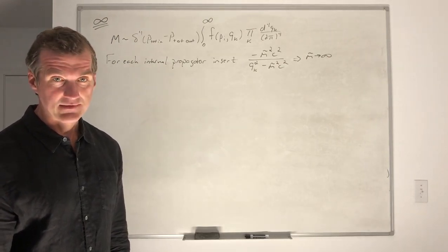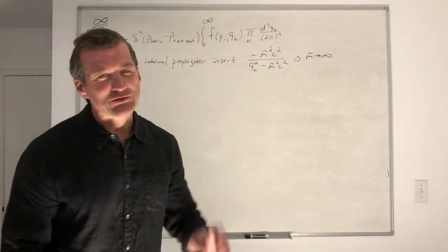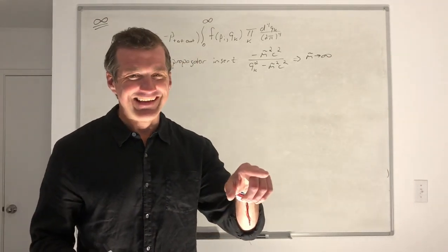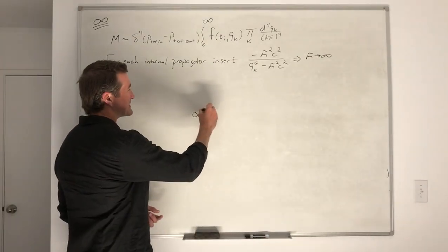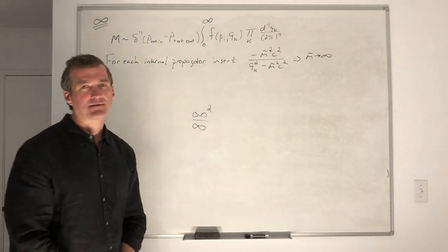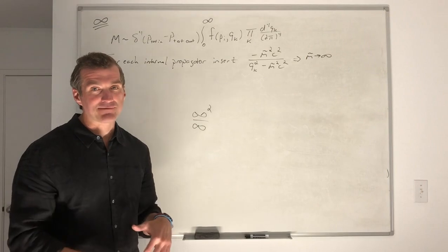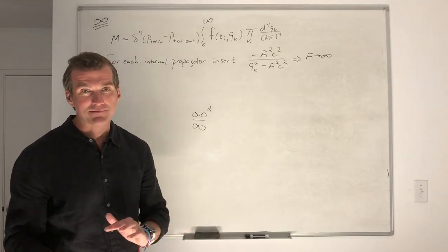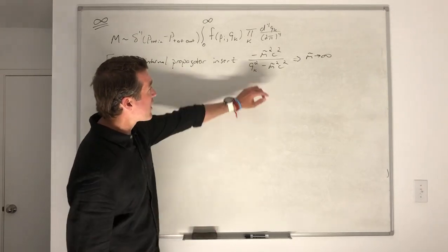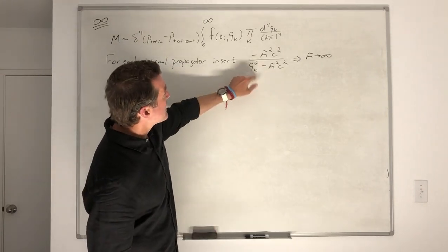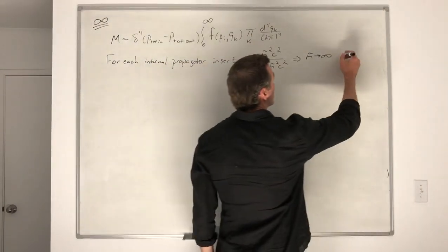Which is? 1. Well, I want to be careful because you said infinity over infinity, which is true, but what is this? It's infinity squared over infinity, which is infinity over infinity, but does it give you 1 or does it give you infinity? What's important about this is that as m twiddle gets large, this term wins in the denominator, so we ignore that, and then that's genuinely 1, okay?